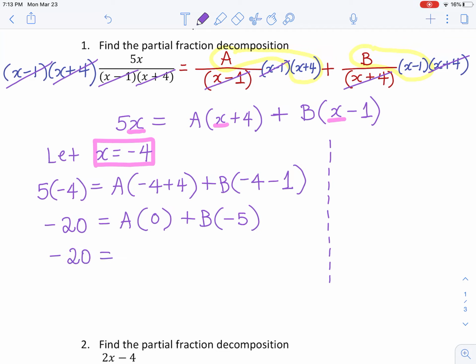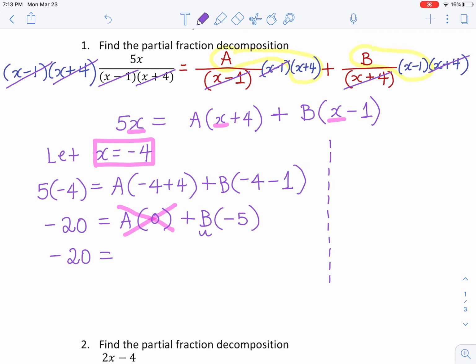-20 is equal to... what happened to the A? If you multiply A times 0, that will cancel out. So that was the goal. When I picked x to be -4, my intention was to cancel out the variable A. Since -4 plus 4 gets us to 0, that's why I picked x equals -4.